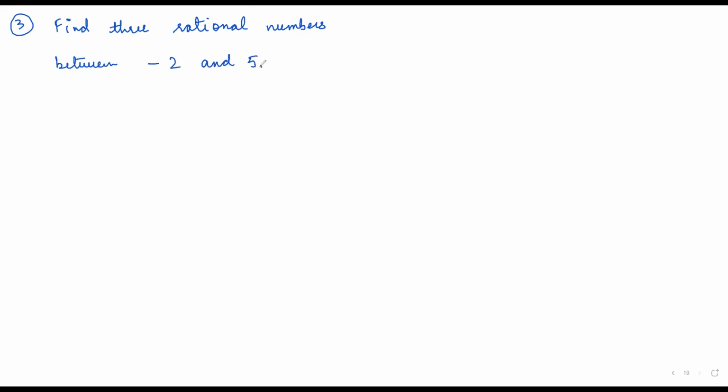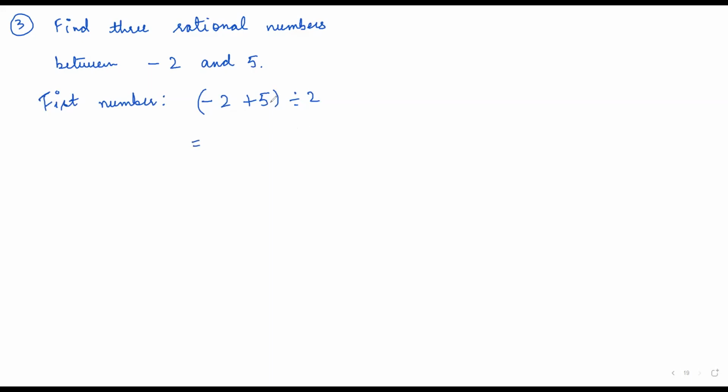So far we were finding only one rational number. Now I want to find 3 rational numbers. Okay. So the first number, simply I'll do the same thing. So -2 plus 5 and divided by 2. Understood? Yes, ma'am. Okay, this will give me one number.